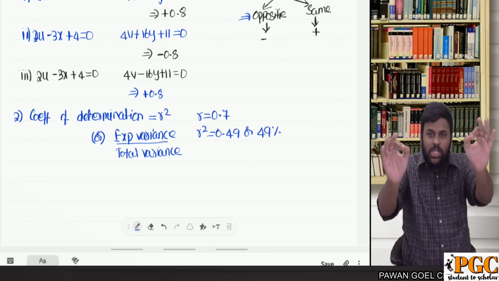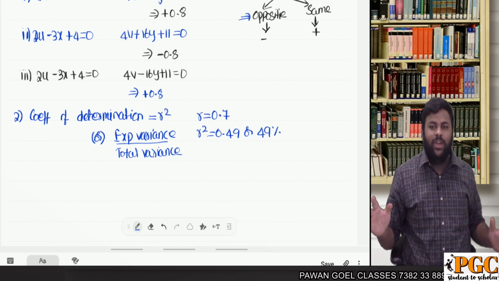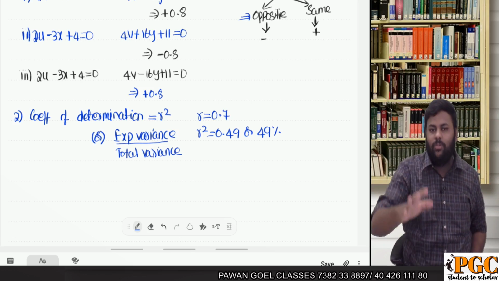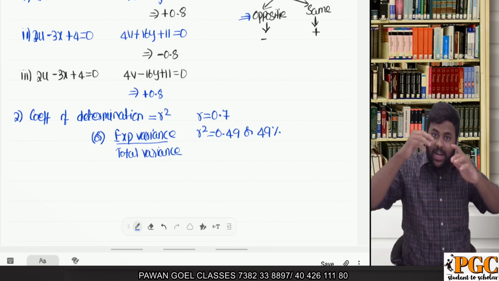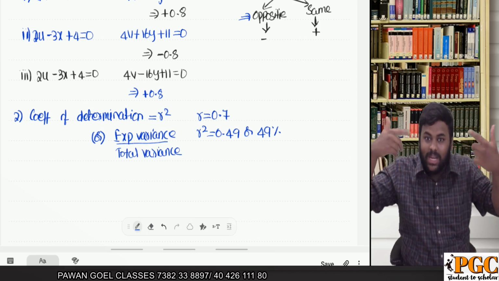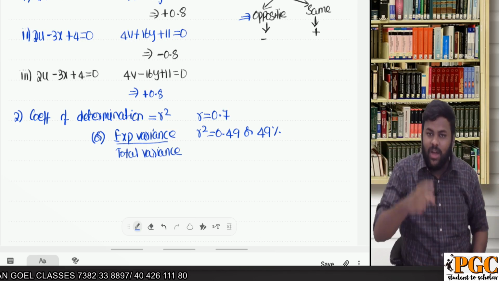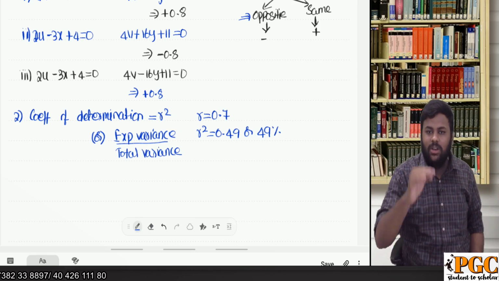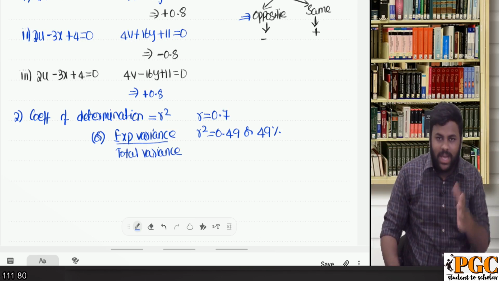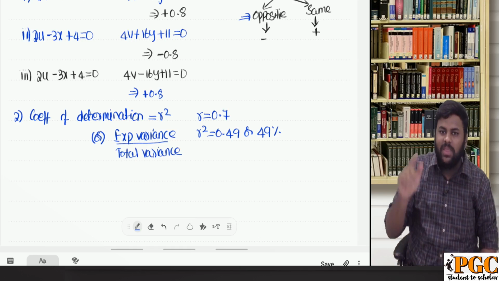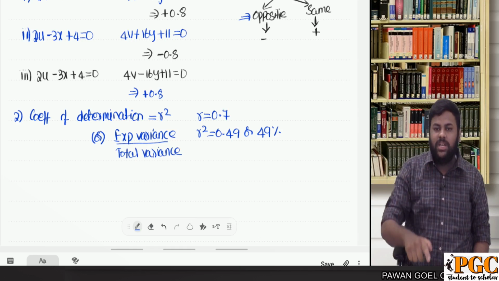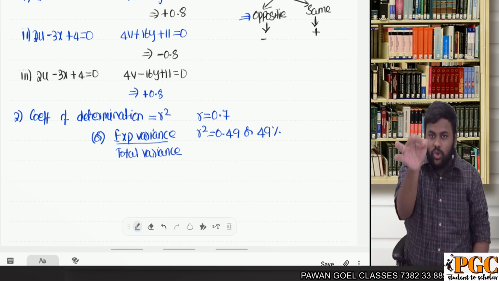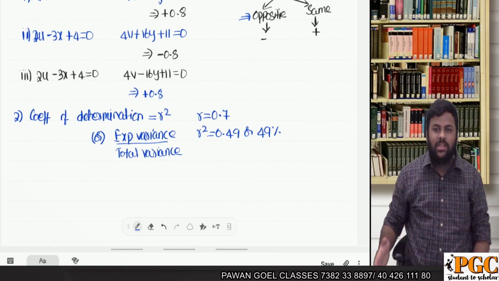Means because of this 49 percentage of the variables, you got correlation as 0.7. Had 100% of the variables been dependent on each other, we would have got the correlation as +1 or -1. But here 100% are not dependent on each other, only and only 49% are dependent on each other. So, you got correlation as 0.7.